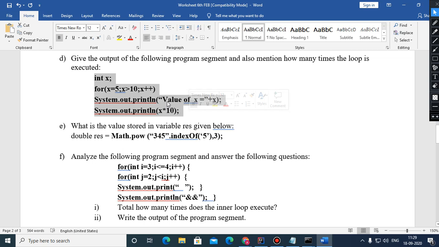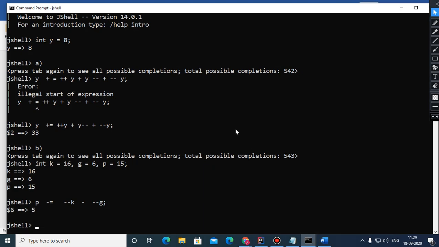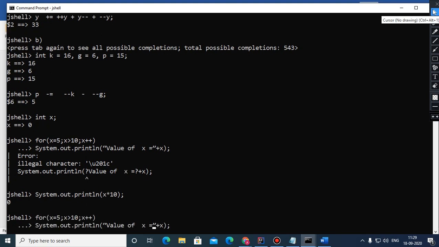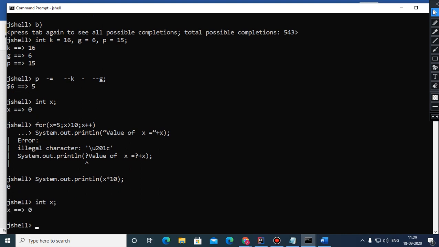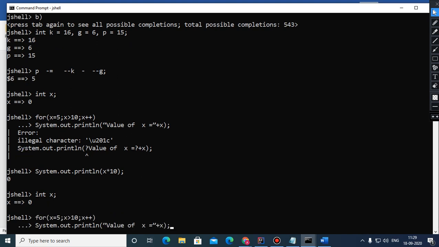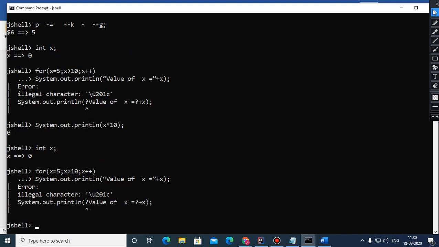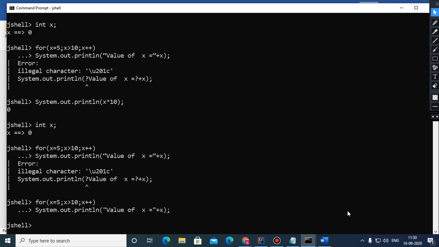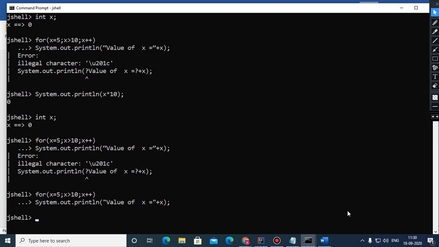Let us see that. Maybe, because that will be considered within the block. Yes, x is initialized. X is initialized, no issues. X is initialized, child. That is outside the loop body. That's why nothing got printed. So at the end, the output will be only 50.